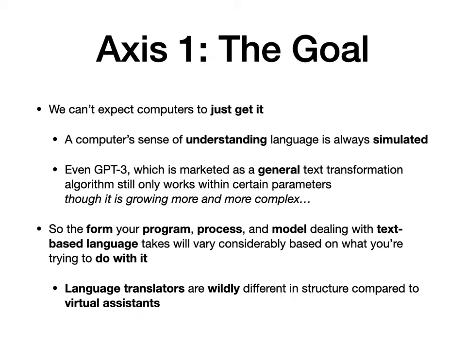They're just not doing the same things, right? A language translator is taking language from one natural language and converting it into language from another. It does it imperfectly, but it does it pretty well. Whereas Siri is taking language from its user and converting it into actions or answers to questions, etc., right? So that's axis one, the goal. What are you trying to do, so that we can understand what we need to simulate from language to get there?